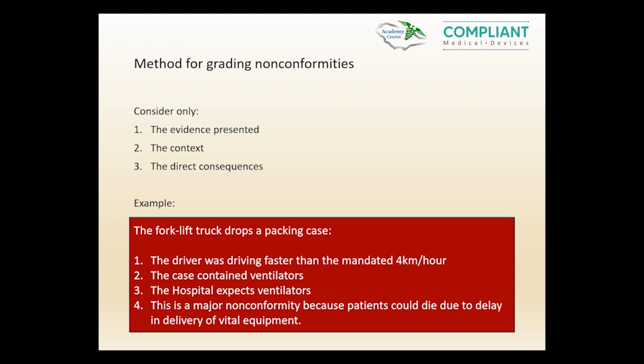The method for deciding if it's a major or a minor should only consider the evidence, the context, and the direct consequences. Look at this example. Here, the context has been stretched beyond the warehouse, and the end consequences would depend on a number of other parameters.